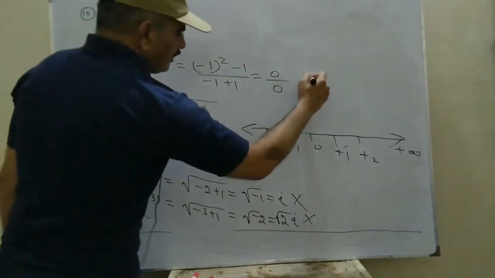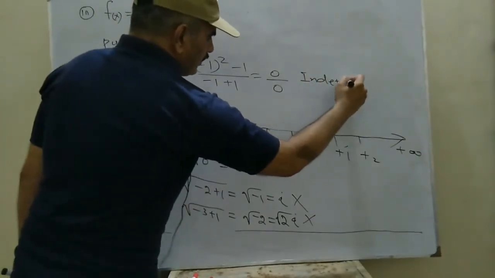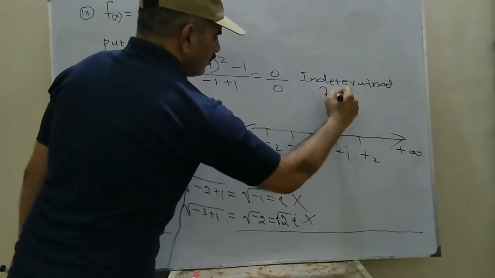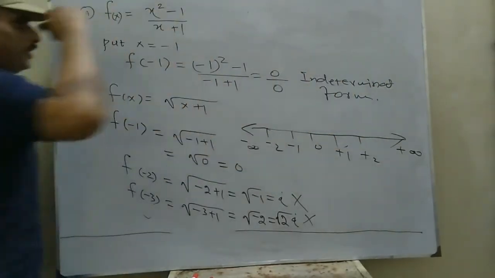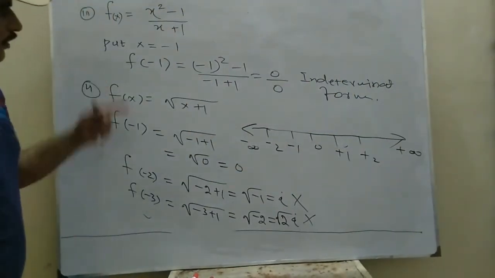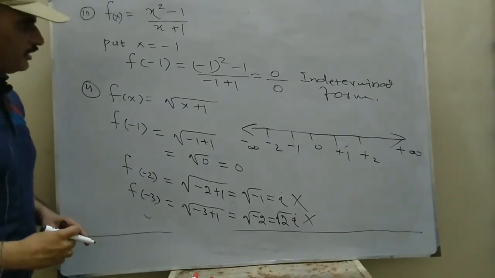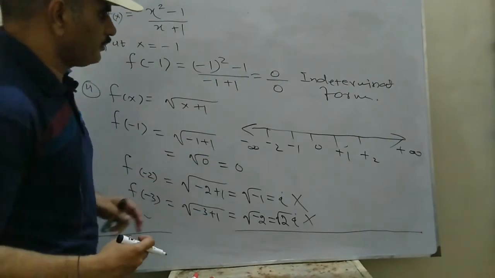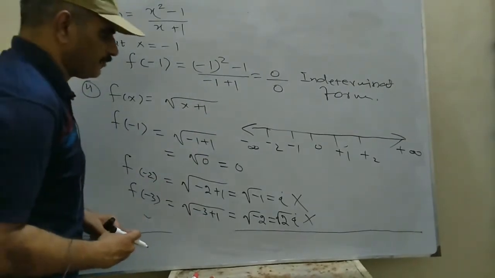It is called indeterminate form. So you avoid such values for which the denominator becomes 0, and you will get this type of form, 0 by 0. It is indeterminate form.